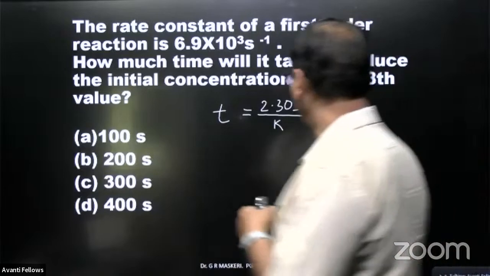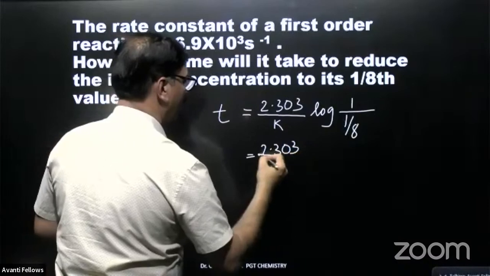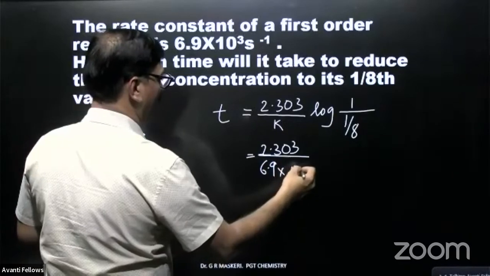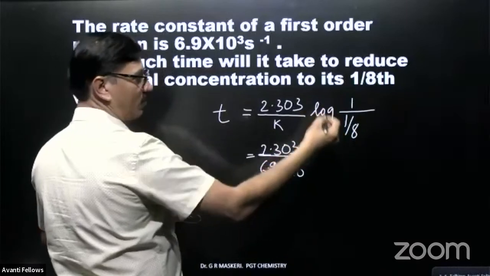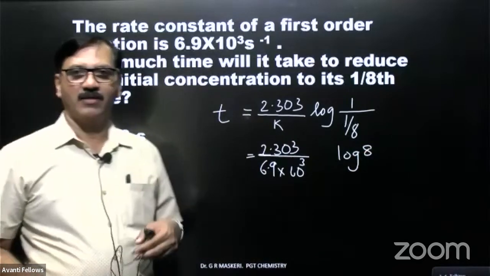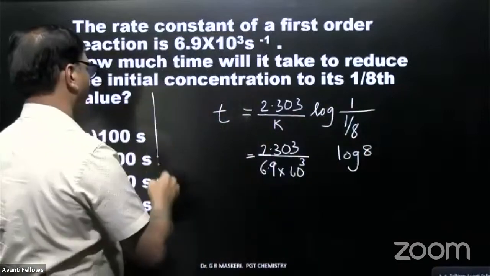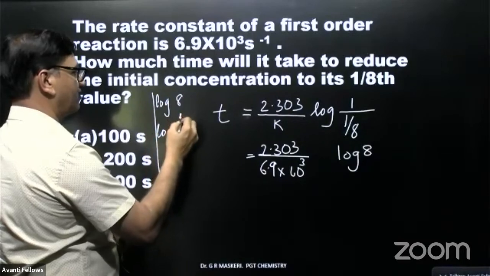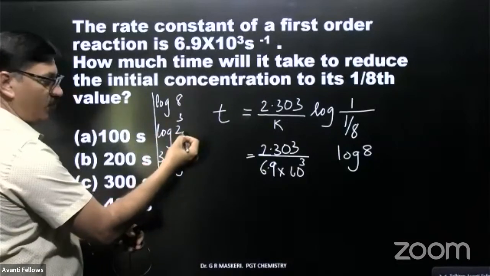This is a 2-mark question, but it is asked here. 2.303 by k, k is 6.9 into 10 to the power 3. Log of 8 is 3 log of 2, because log of 8 can be written as log 2 to the power 3. So this is nothing but 3 into log of 2.